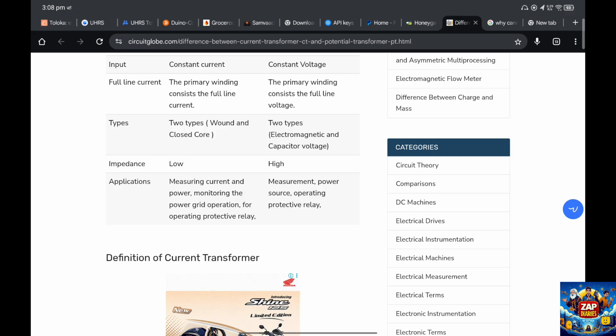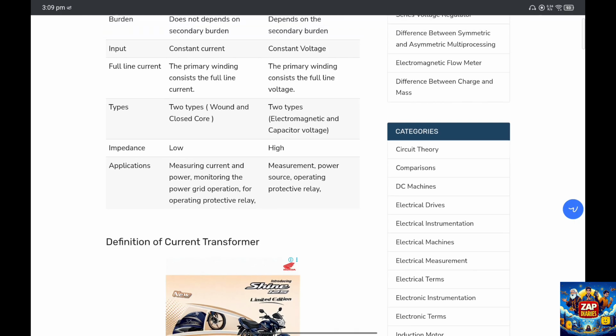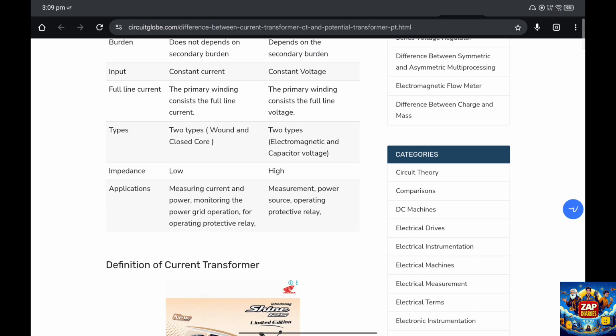These are also used as a power source. Actually, on the operating side, the power required is typically very low to run our devices. So 110 volts can also be taken from the PT itself to run or power our appliances on the operator side. And this does work as operating protective relays.